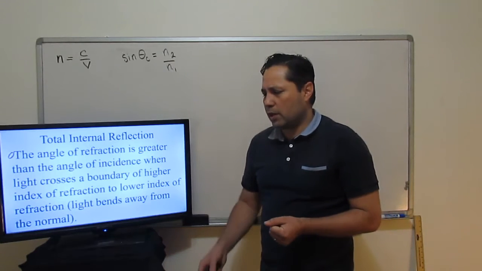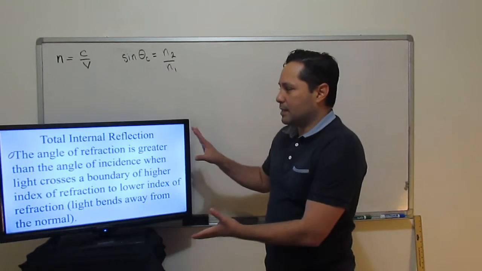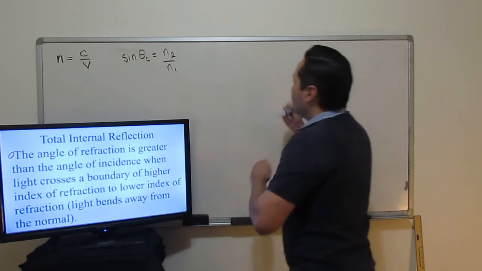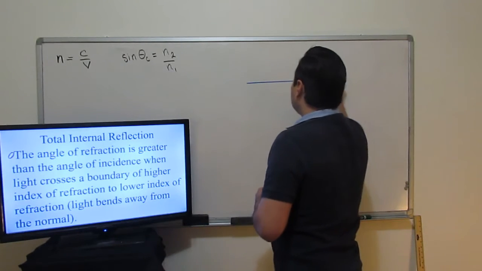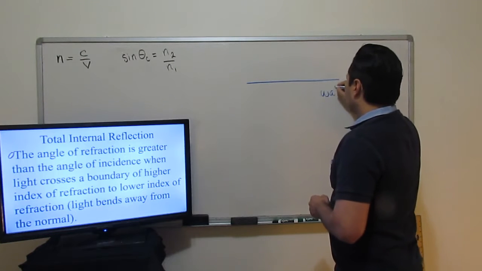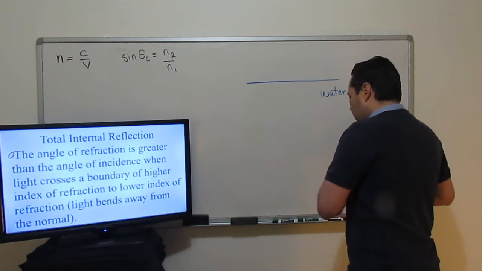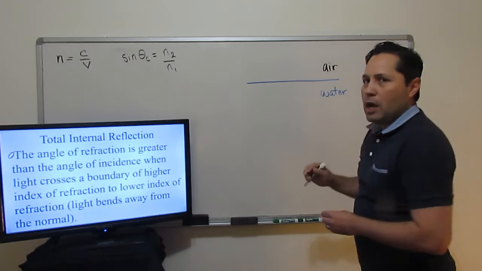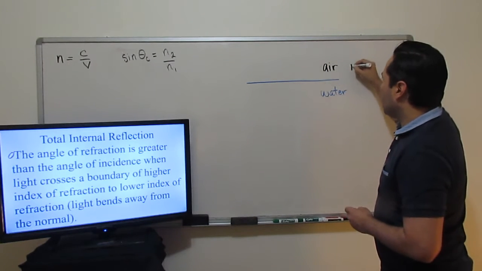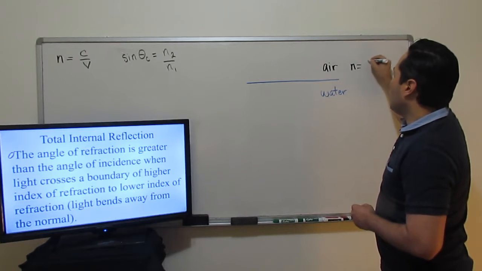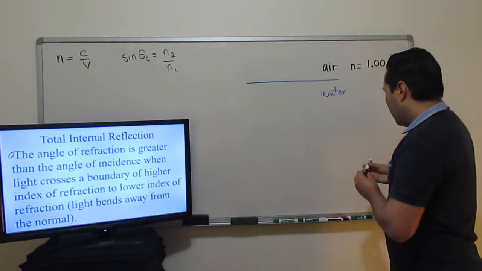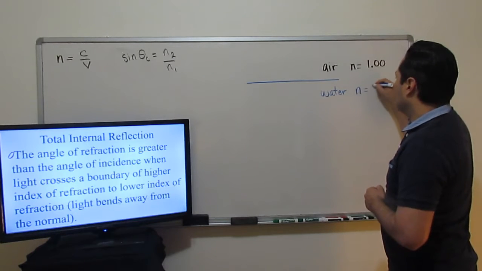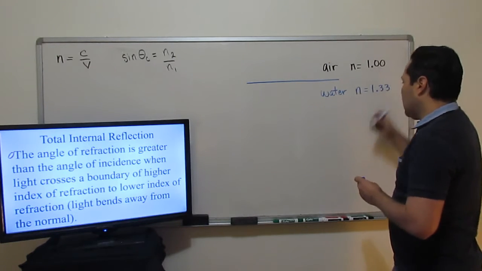Let's talk about what exactly that statement means for total internal reflection. Picture this: we have water, and above it is air. The index of refraction for air is 1.0. The index of refraction for water is 1.33.